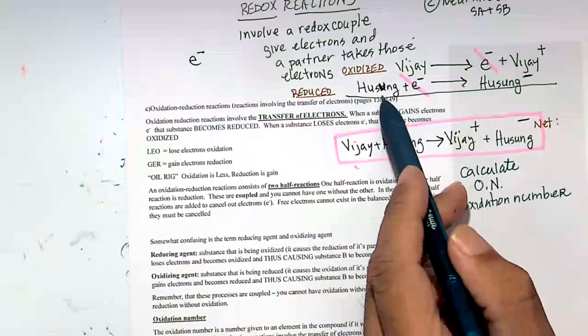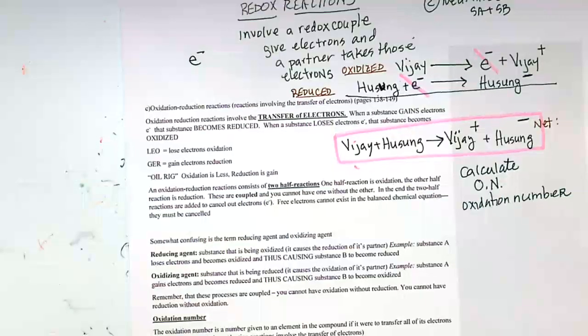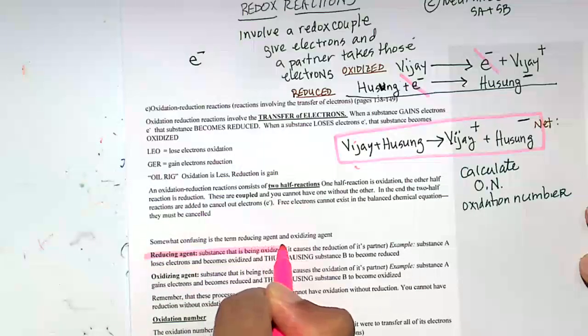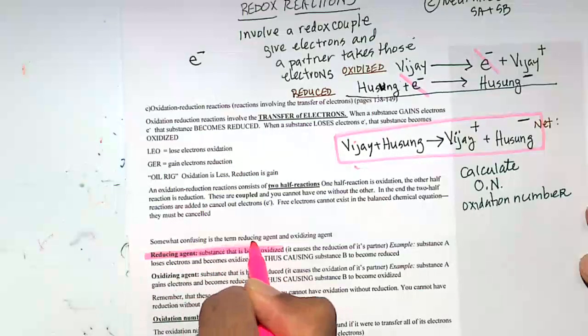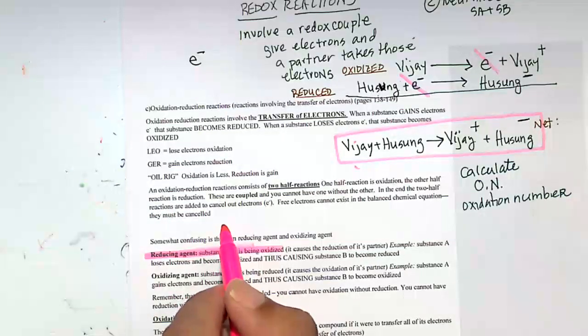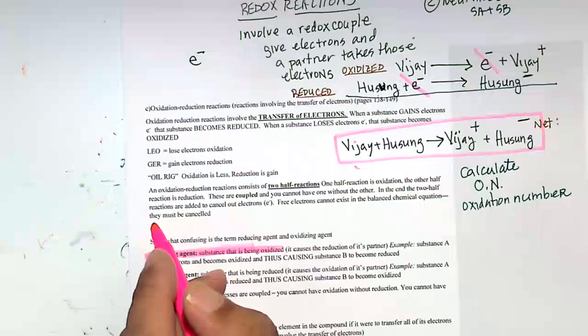So let's go back to the example of Husong and myself, VJ. A reducing agent is the substance that gets oxidized. Go back to us as a redox couple. Here, I am the reducing agent.